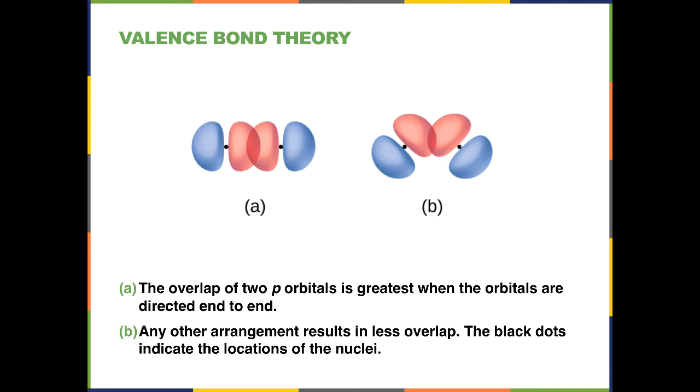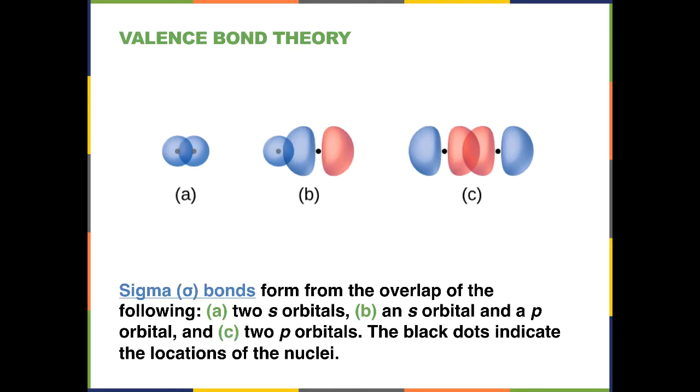And so these regions, when they overlap each other, if they overlap end to end like this, then they tend to have the best overlap, or the greatest overlap. And anything else tends to have less in terms of the ability to share.